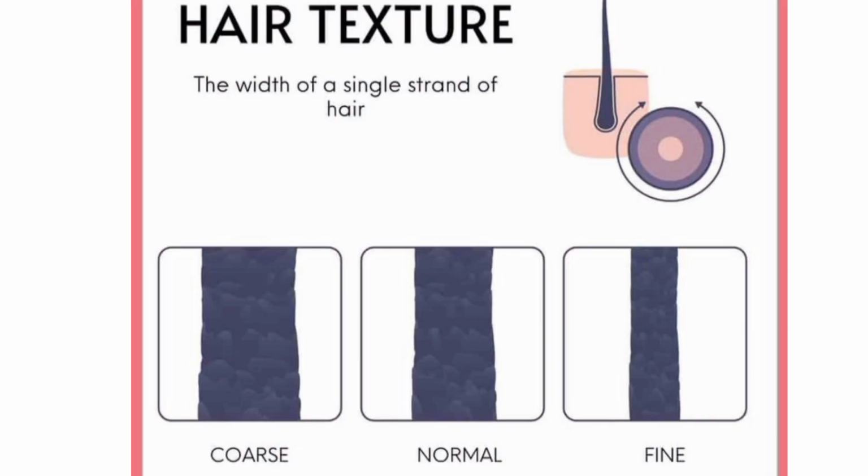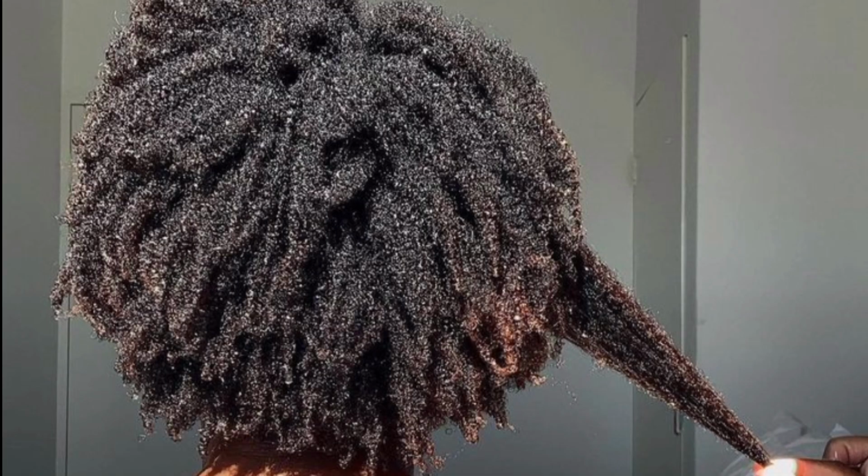Before we look at the types of density there are, we have to look at something that goes hand in hand with hair density, which is hair texture. What is the texture of your hair? You shouldn't confuse texture with how your hair feels. You see, I have my wig here. If I feel my weave hair, it's fine, but the density is very high.